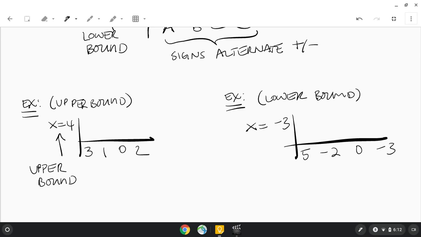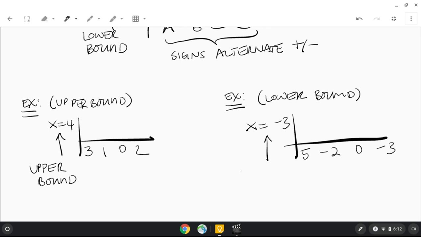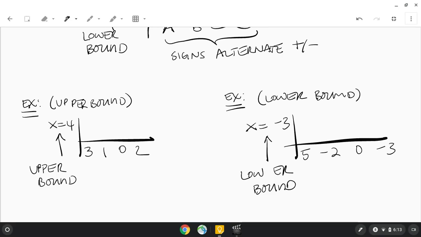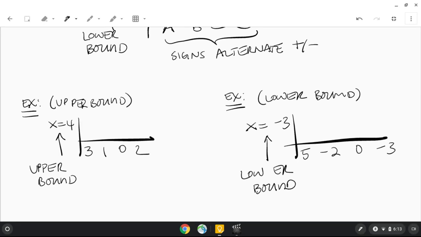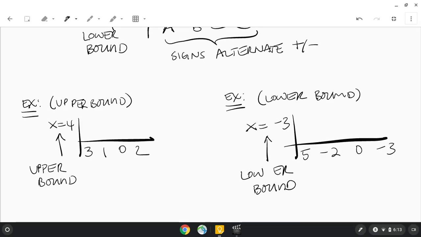So here, x equals -3 is a lower bound. So you don't have to try any numbers on your list that are smaller than -3. If you have -4, -5, -6, -7 on your list, you don't have to test them. You are not going to get a zero remainder. All right. And so let's take a look at graphing.